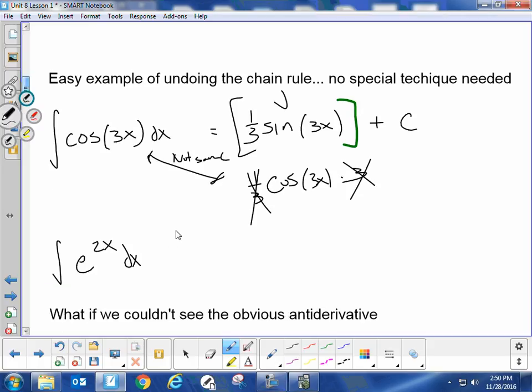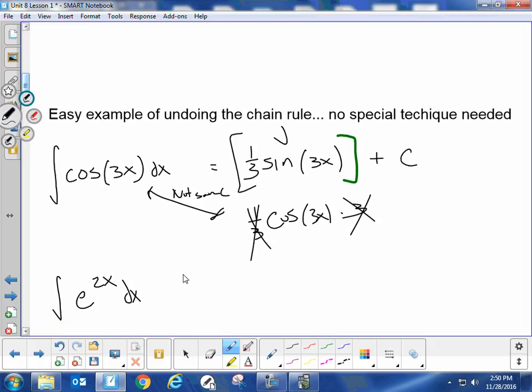You should probably know that the antiderivative of e to the x is e to the x. We'll probably need a 1/2 in front of it. We haven't specifically talked about the antiderivative of e to the x yet, but we'll talk about it today. We should be able to just figure that out.